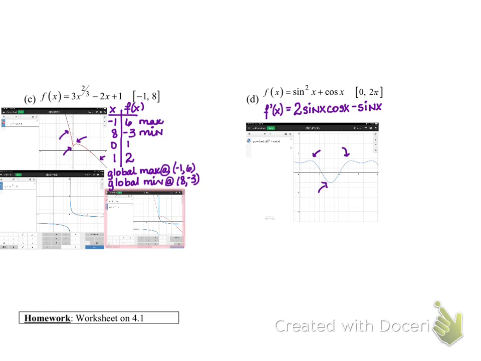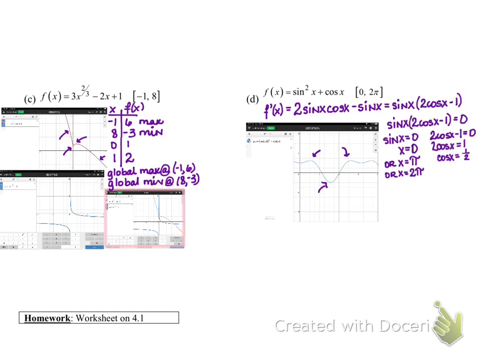And I'm not going to bother graphing the first derivative here in the interest of time, because I'm almost up to 20 minutes here.